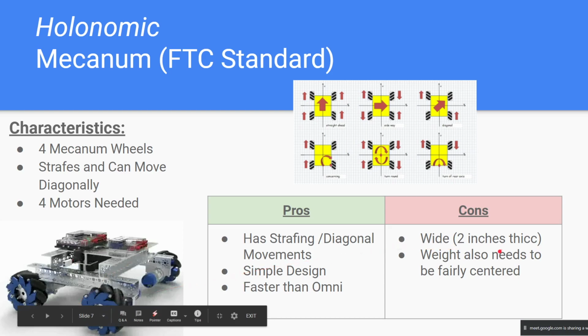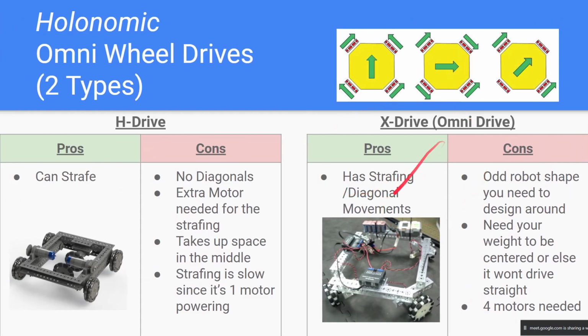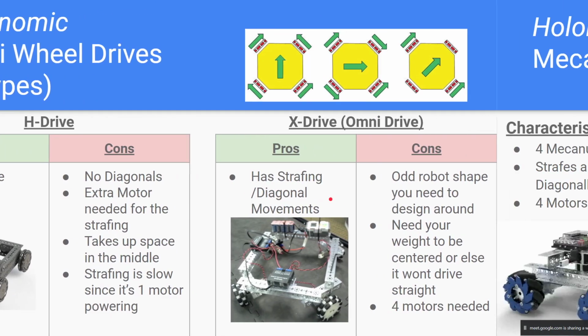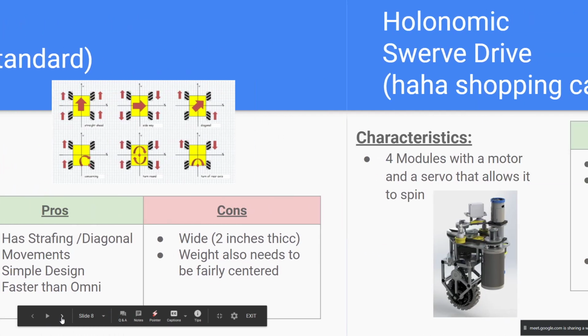However, I don't think it's as strict compared to the X Drive. I think you have more leeway with the way your weight is distributed. So it's not as severe. Mecanum is superior. Most of us should be using Mecanum. That's about it for Mecanum.